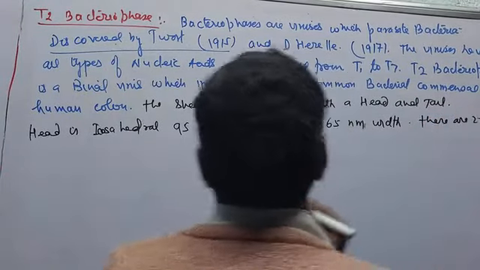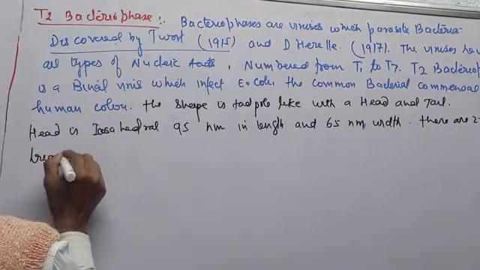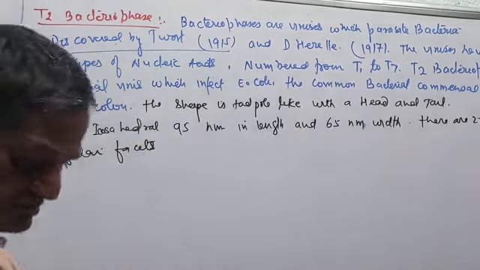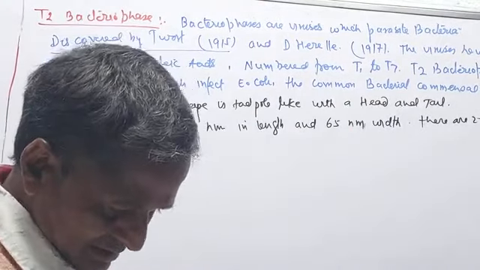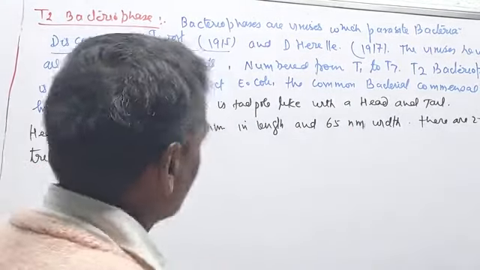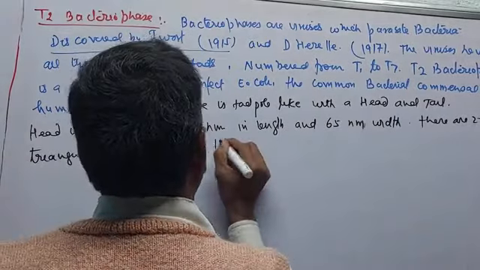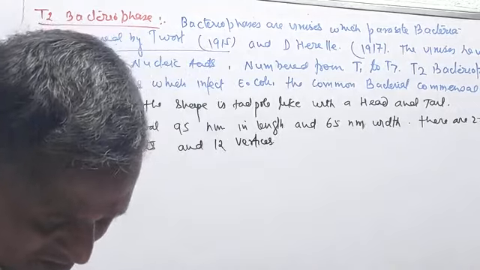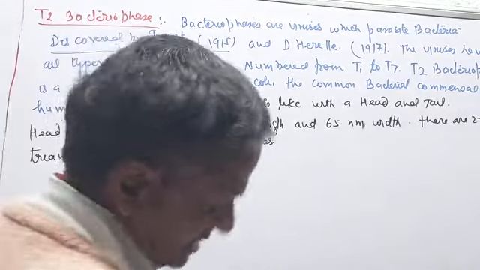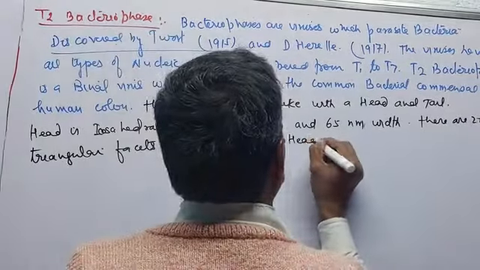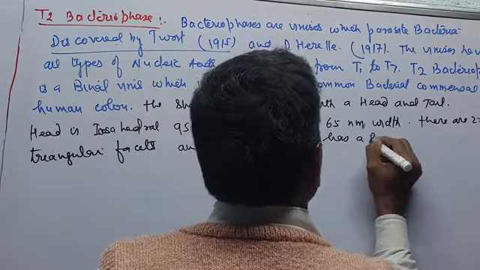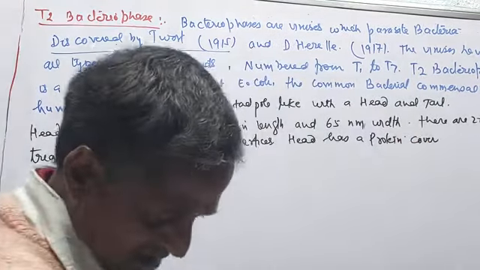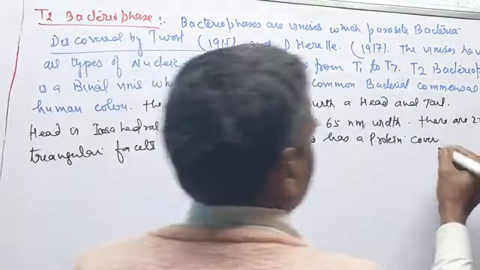There are 20 triangular facets and 12 vertices. The head has a protein cover, or capsid.